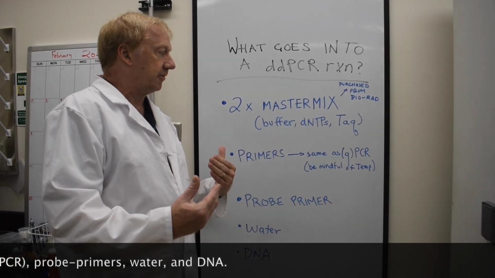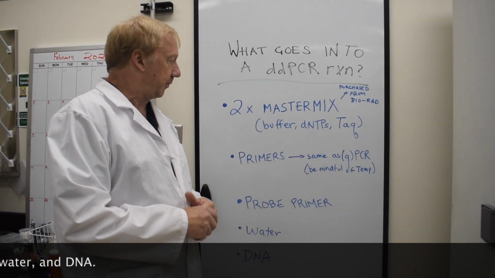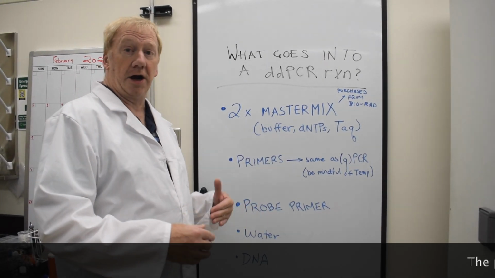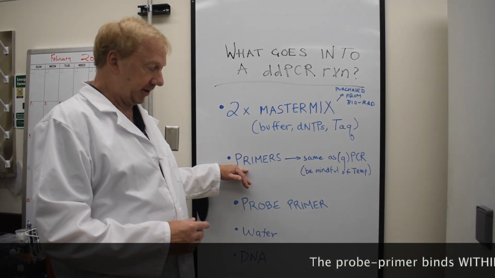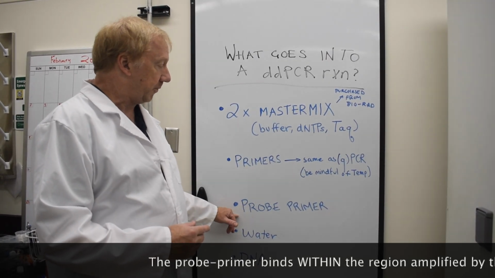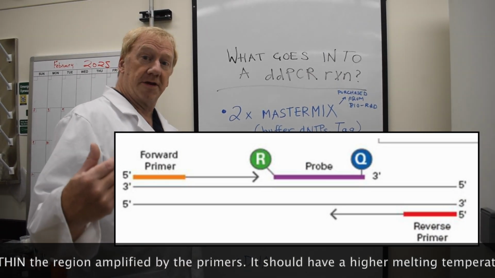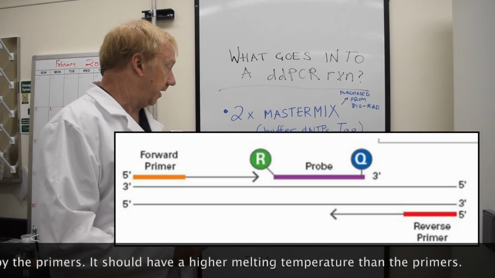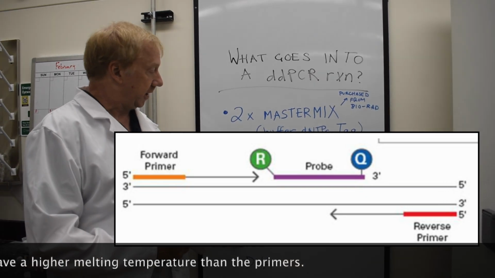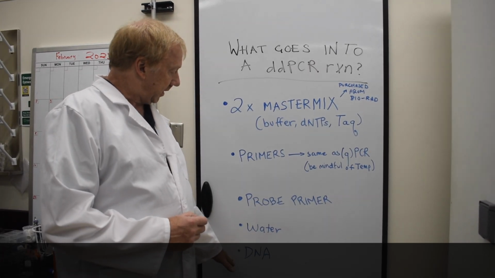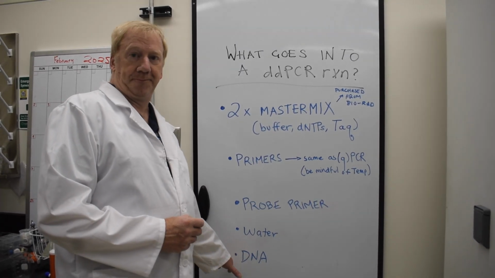We do take into account the melting temperature of the primers, because we want the probe to have a higher melting temperature than the amplification primers. The probe is a fluorescently labeled oligo that will bind to the middle of your PCR product. And then you have water to make up the difference of volume, and then your template DNA.